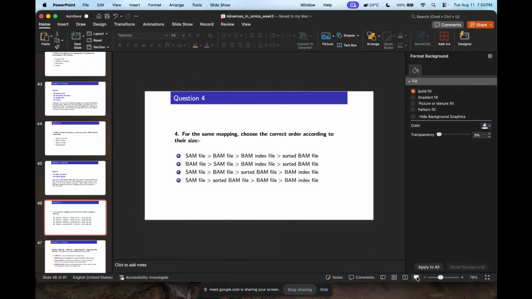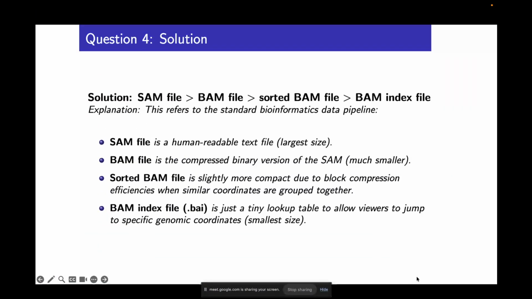Okay. Anyway, actually the C option is correct. So generally, SAM is sequence alignment format. SAM is the human readable version of the alignment file. From FASTQ, after you do the alignment, the file that is generated is the SAM file. We convert a SAM file to a BAM. BAM is basically the binary version of the SAM file. The same information is there, it's just in a much more compressed format and in a binary format.